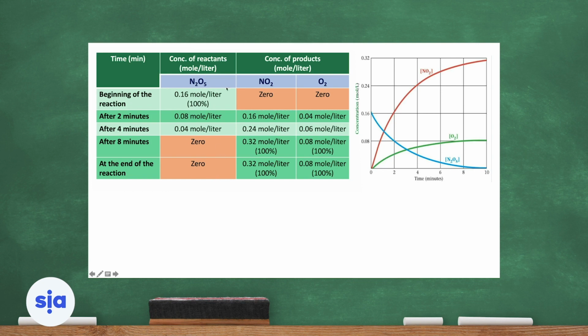The nitrogen pentoxide concentration is 0 and the concentration of the products is 100%. So this is how we get the rate of the reaction, by measuring the concentration of the reactants and the products over time.